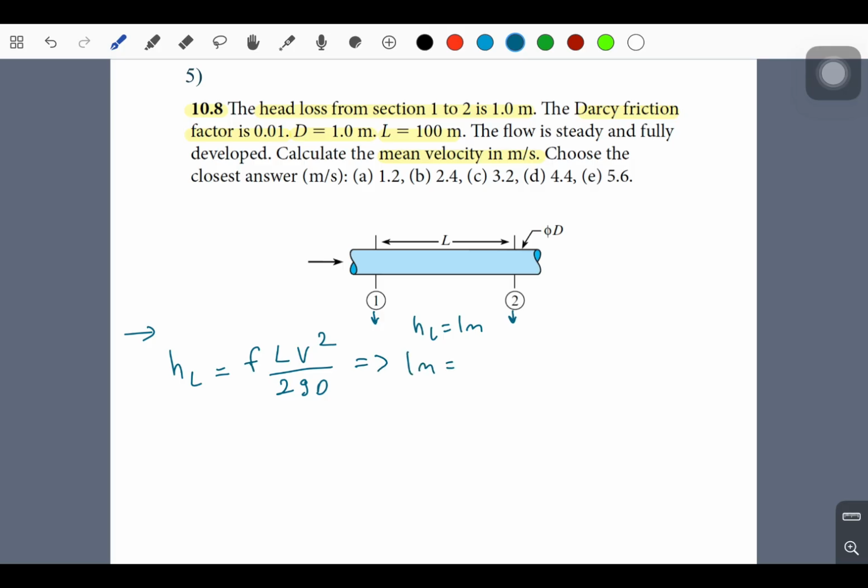And 1 meter is equal to 0.01, length is 100 meters, and diameter, and we will calculate velocity. And we have 9.81 times 1 meter. So from here, velocity will be 4.4 meters per second, which is option D.